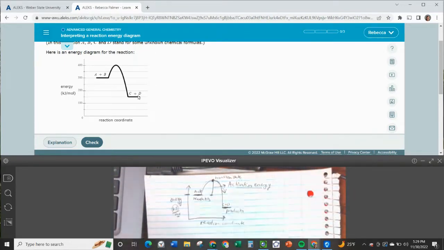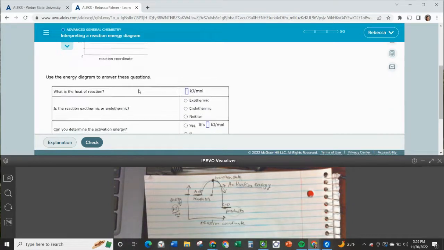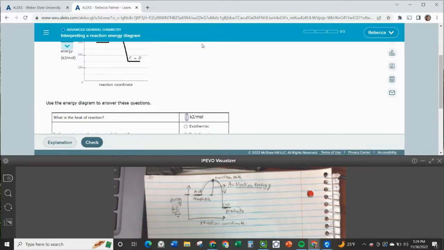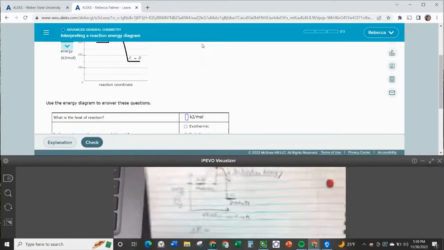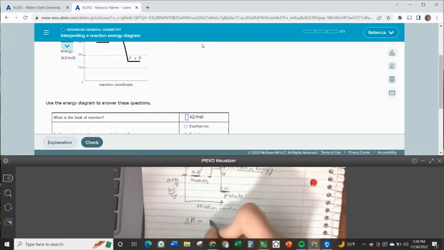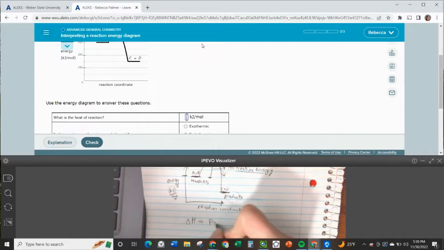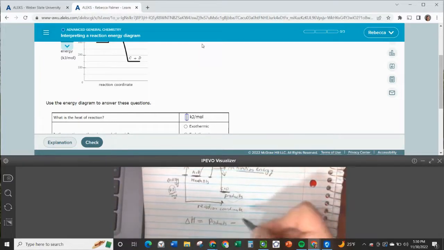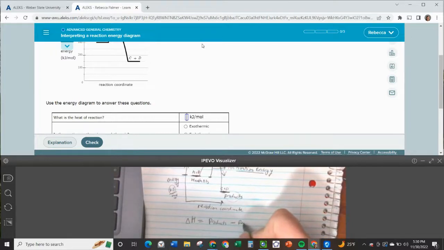Okay, so when we are looking at this problem, we're looking for the heat of reaction. We use delta H to say the heat of reaction. The heat of reaction is always the energy of the products minus the energy of the reactants.